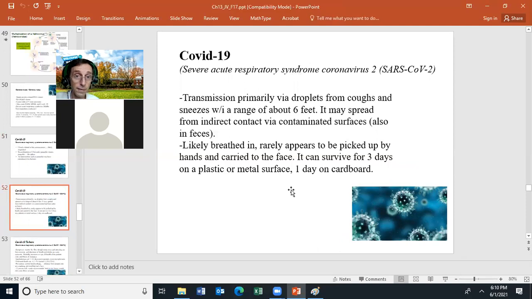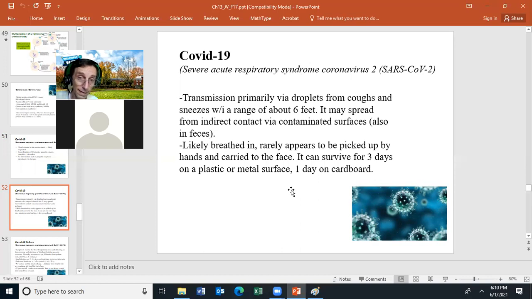All right, COVID-19 is transmitted primarily by droplets from coughs and sneezes within a range of about 6 feet. It may spread further, and it may spread from indirect contact, like when somebody coughs or sneezes and the virus gets on a surface, and then people can pick it up with their hands and then touch their hands to a mucous membrane in their face.